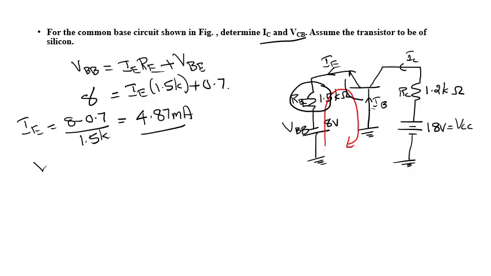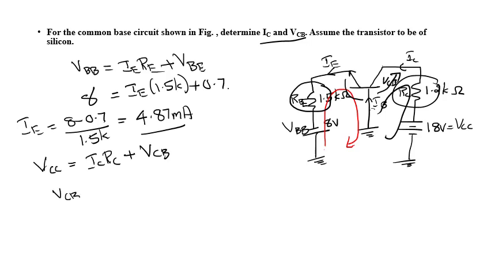If we consider the output part, VCC supply voltage should be equal to the voltage across resistance RC, that is IC into RC, plus VCB. So VCB is equal to VCC minus ICRC.